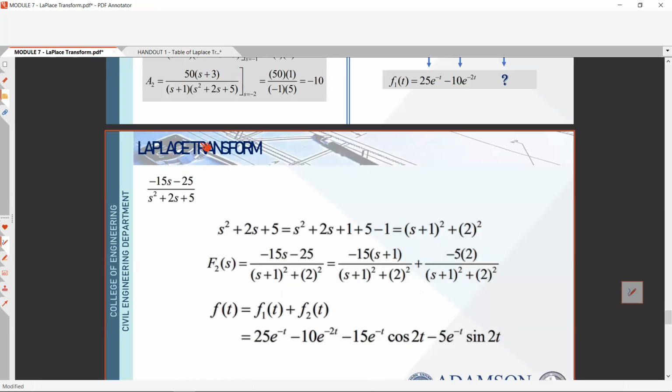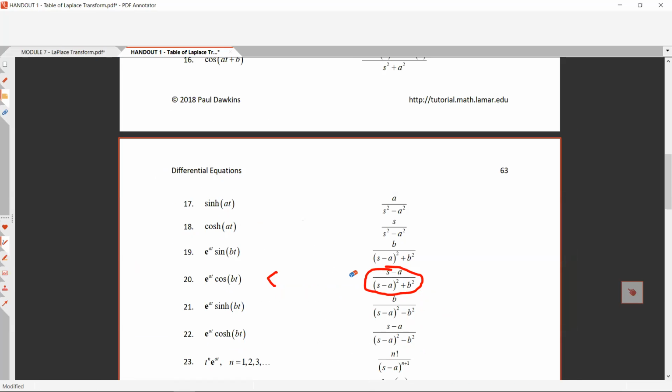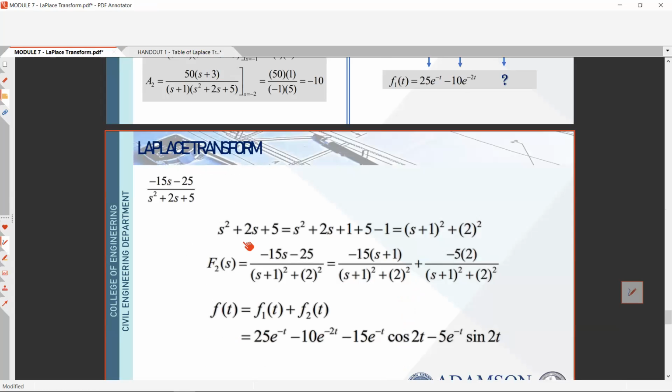So, let me erase this. What we need to do is transform this function into this form: s minus a over (s minus a) squared plus b squared.